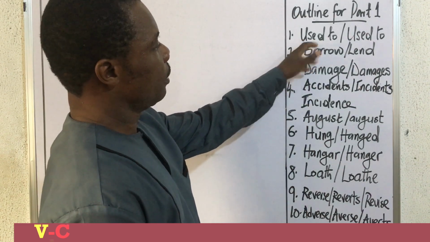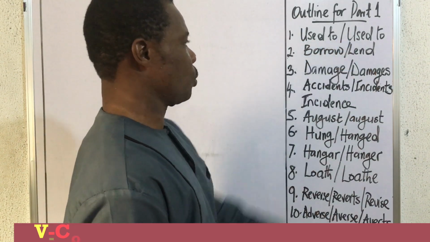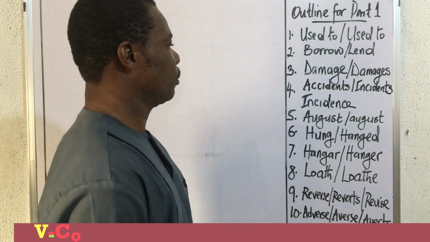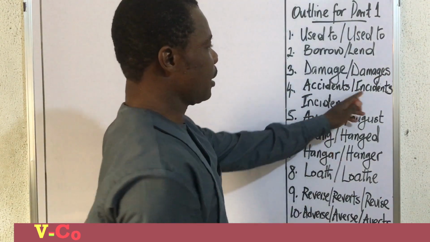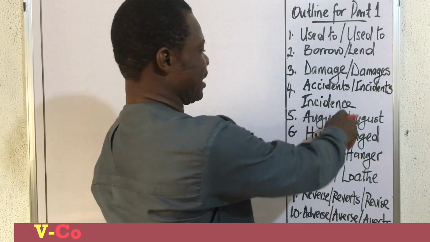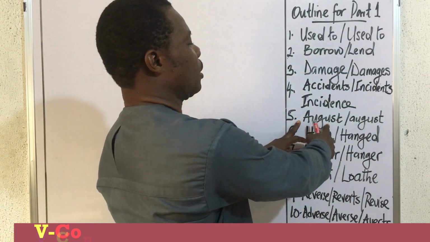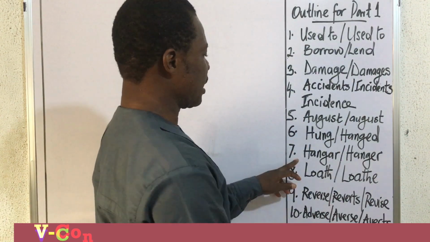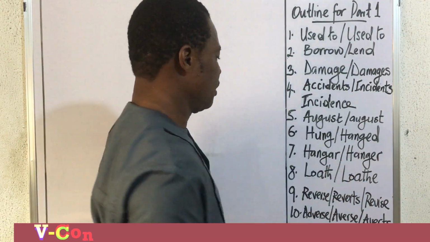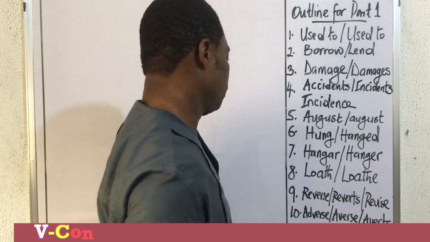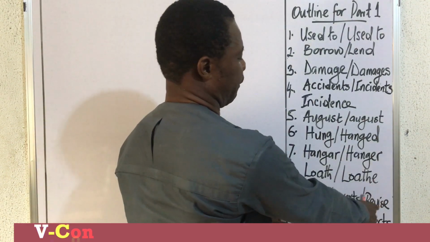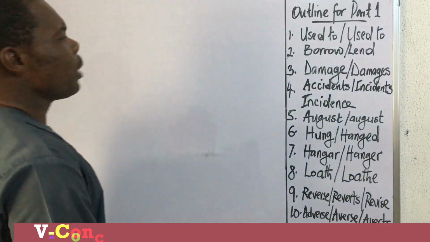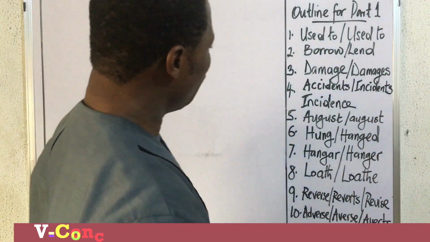Number one is used to / used to. 2, borrow, lend. 3, damage, damages. 4, accident, accidents, and incidents. 5, August, August. 6, hung, hang. 7, hanger, hanger. 8, loaf, loaf. 9, reverse, reverse, reverse. 10, adverse, adverse, adverse.